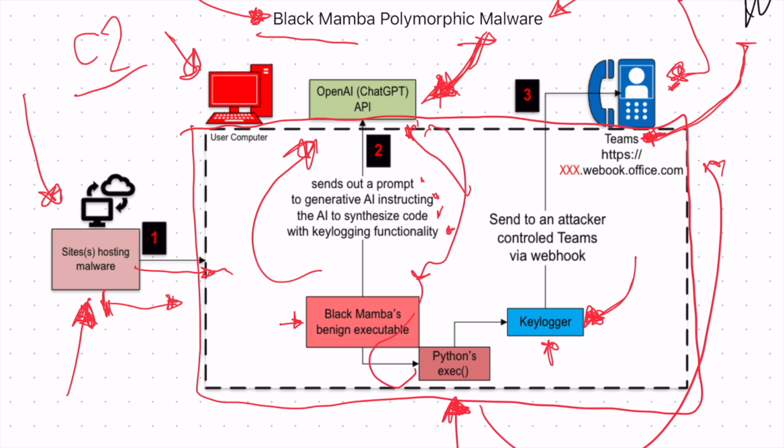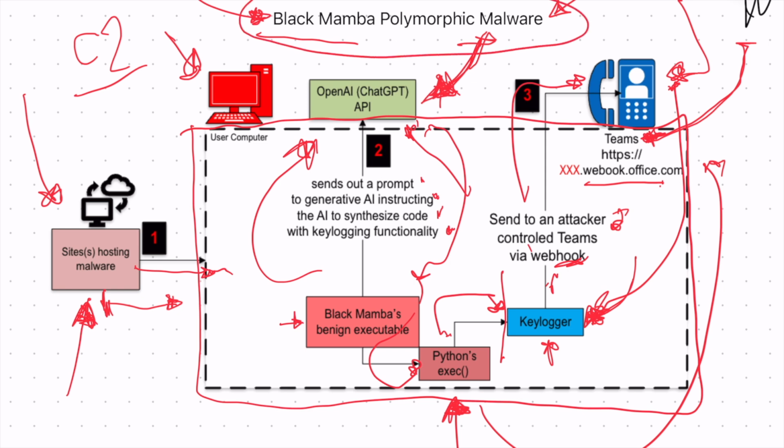Then that runs the Python exec code, and that goes to the keylogger. Everything up to here is perfectly normal and benign. But then the keylogger sends the attack to the control teams via a webhook, and it's getting the communications back. So that is how the BlackMamba polymorphic malware is designed to work.